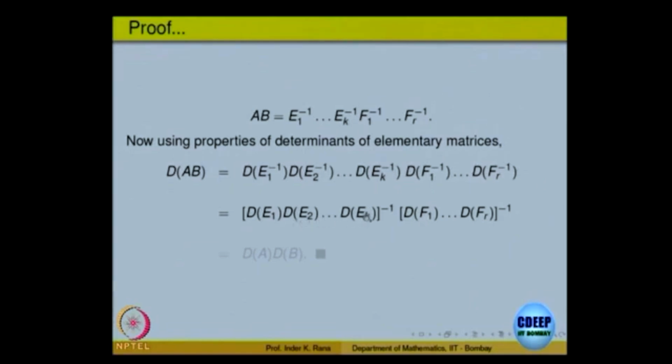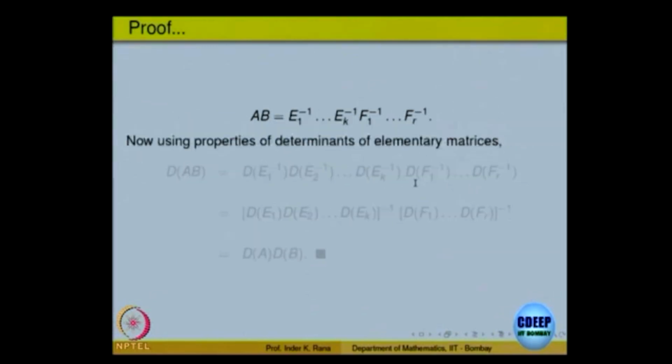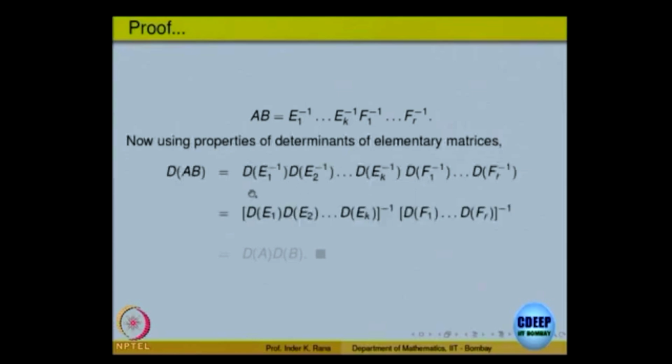The product of E1, E2, up to Ek was A. So the first term is precisely the determinant of A, and the second is precisely the determinant of B. What was A equal to? Equal to this, so the determinant of A is the determinant of the right hand side, and you can write 1 over that. So the result is the determinant of A times the determinant of B.